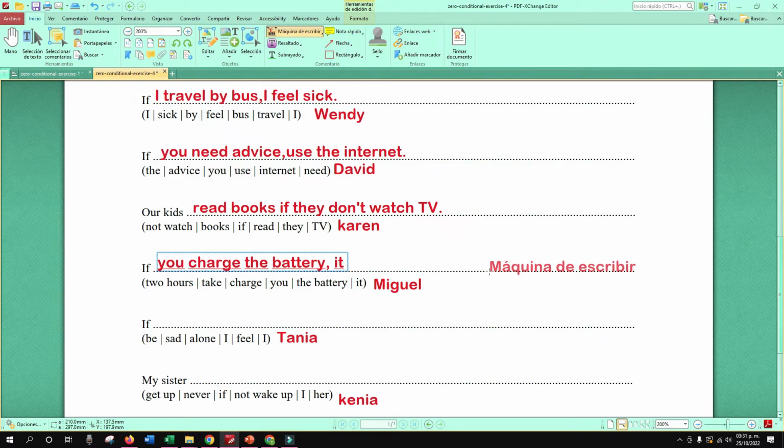It takes 2 hours, right? So, if you charge the battery, si tú cargas la batería, tomará 2 horas. So, that is the condition and then the result, right? If you charge the battery, comma, it takes 2 hours, right? So, thank you, Mr. Miguel. Just try to fix it, right?